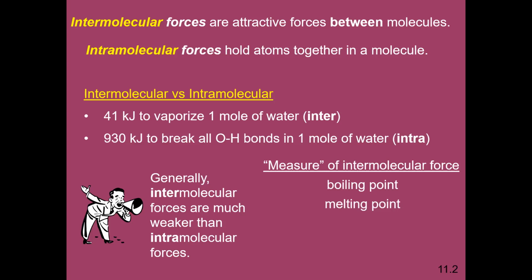Melting point is another one, from a solid to a liquid in this case. Delta H, which is heat of vaporization. We can also do heat of fusion and heat of sublimation, any of those.